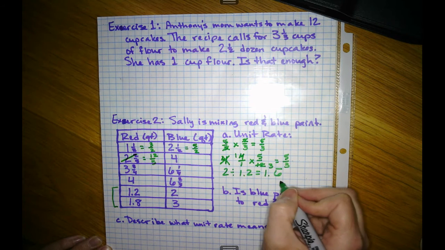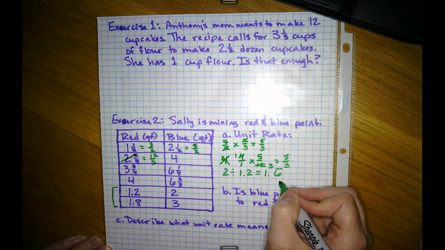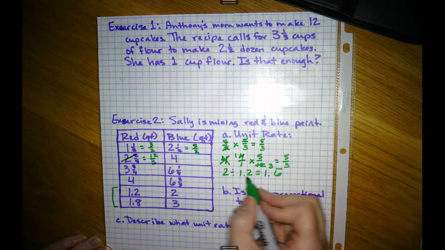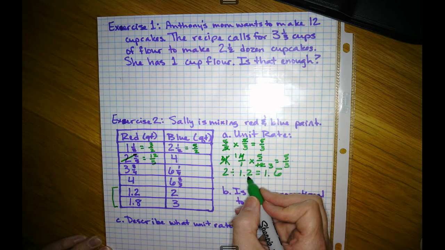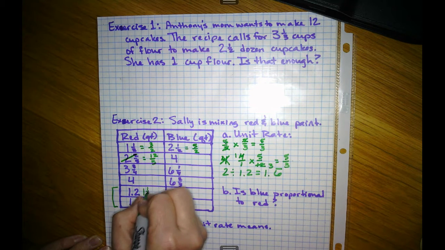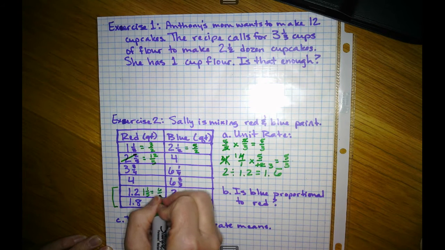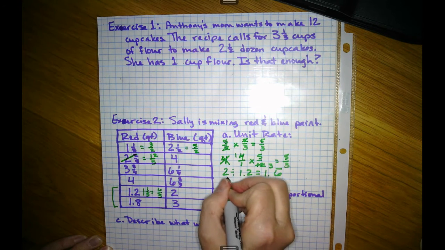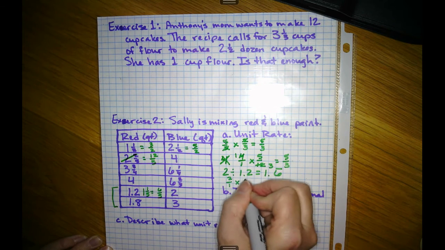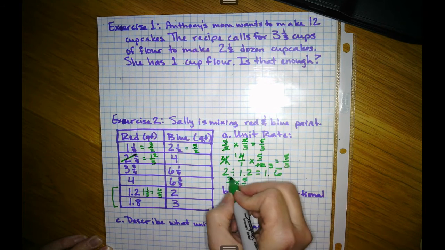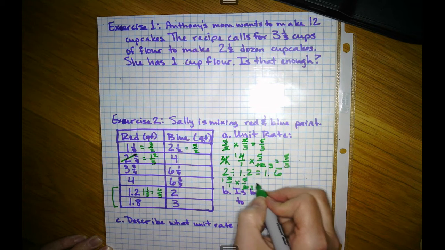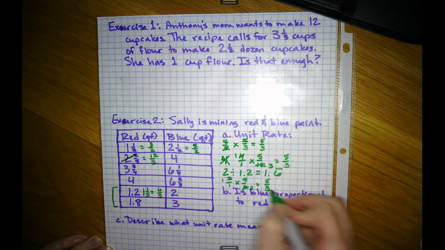So I need to be able to convert this to fraction form, or I need to do that work in fraction form. 1.2 is the same as 1 2/10 or 1 1/5. 1 1/5 is the same as 6/5. So if I did 2/1 times 5/6, cancel, that would also give me 5/3.